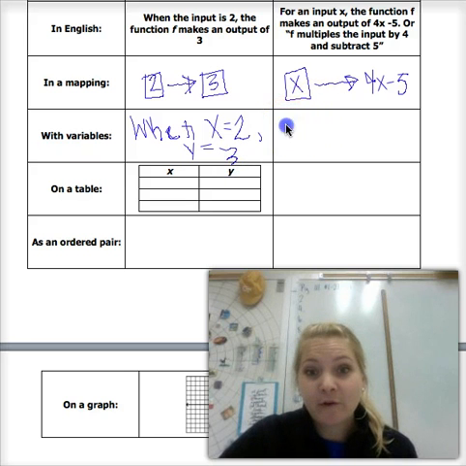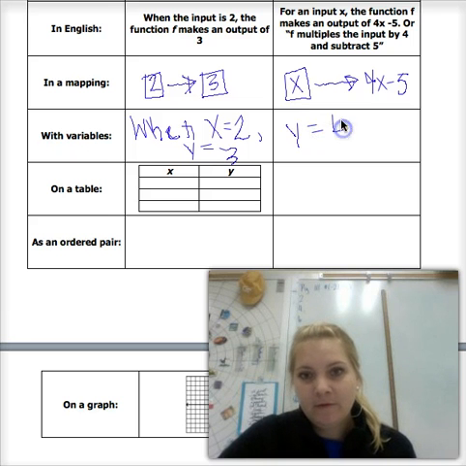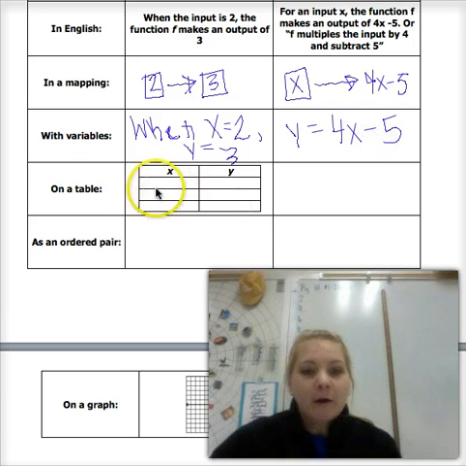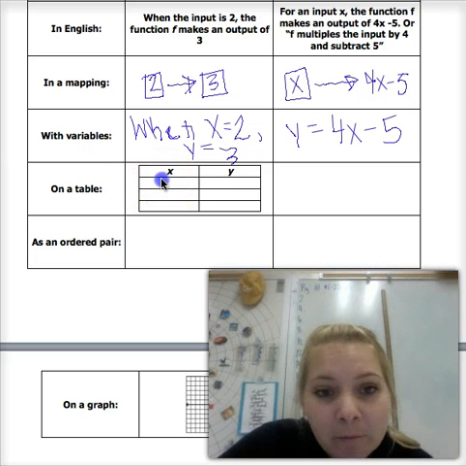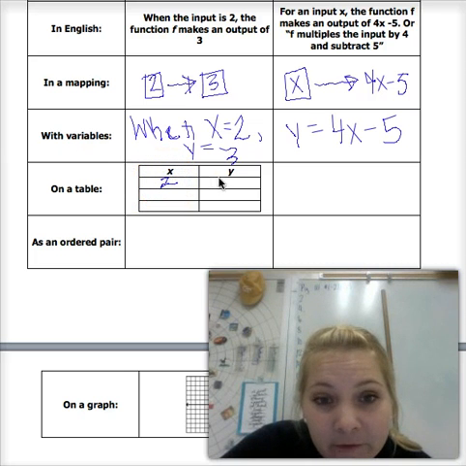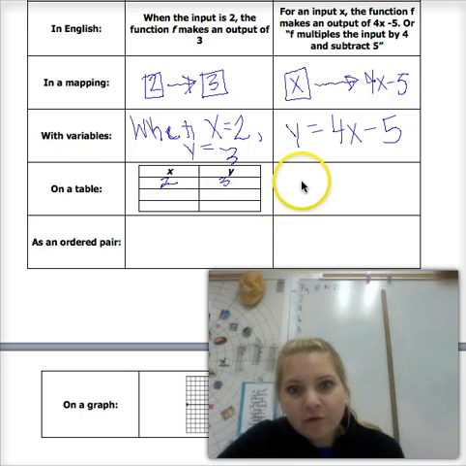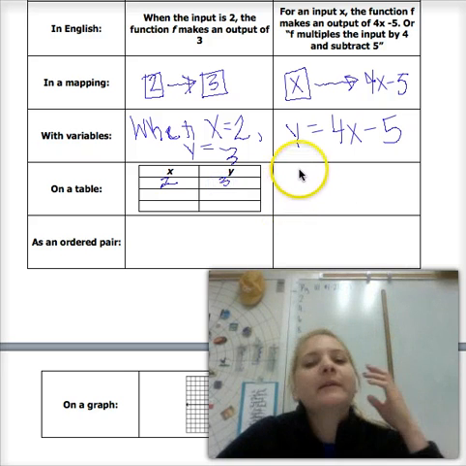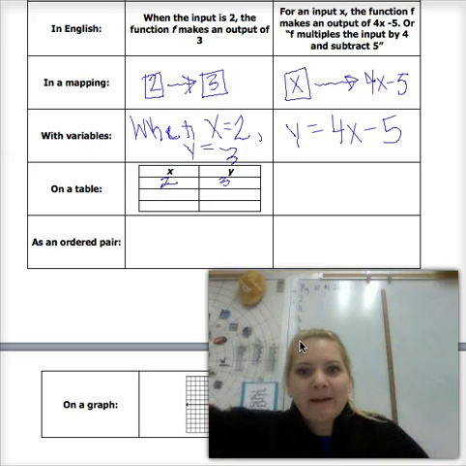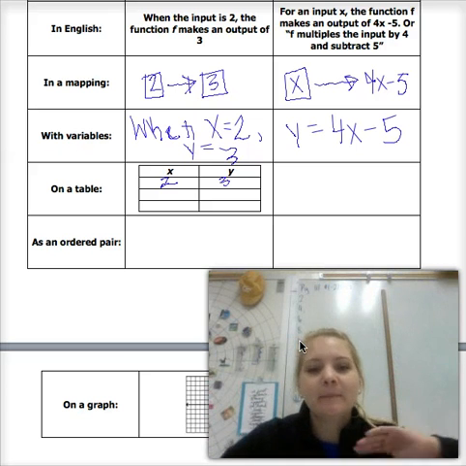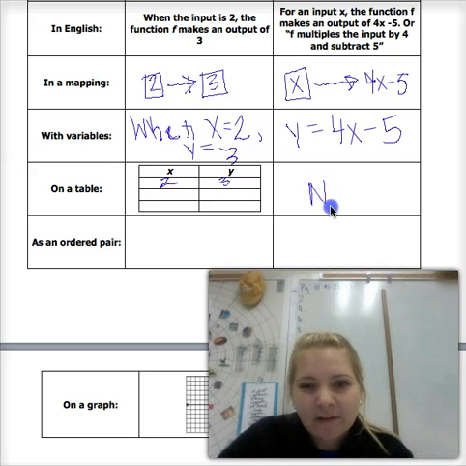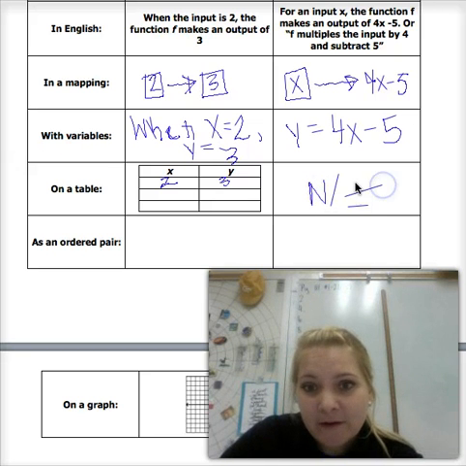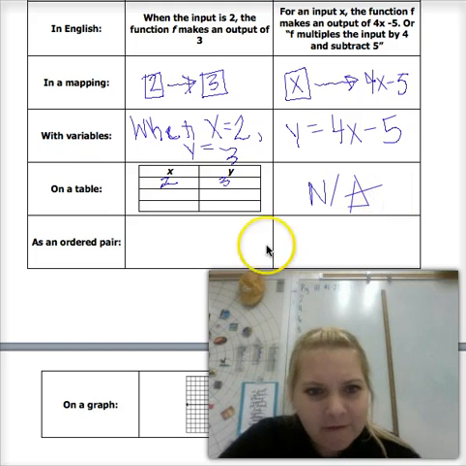And in general, we just have our equation, y equals 4x minus 5. So on a table, we would have our variable when x is 2, we get a y value 3. Now in general, we have infinitely many rows, infinitely many columns, since that function indicated by those arrows goes on to infinity and beyond. So we can't really say that in general. It has to be specific to certain values, and it looks really odd.